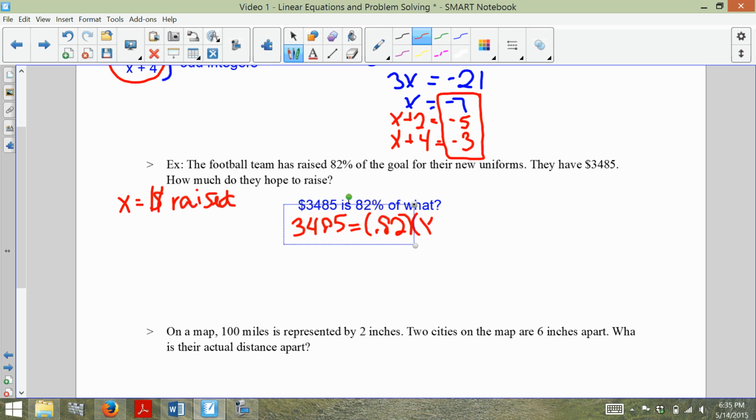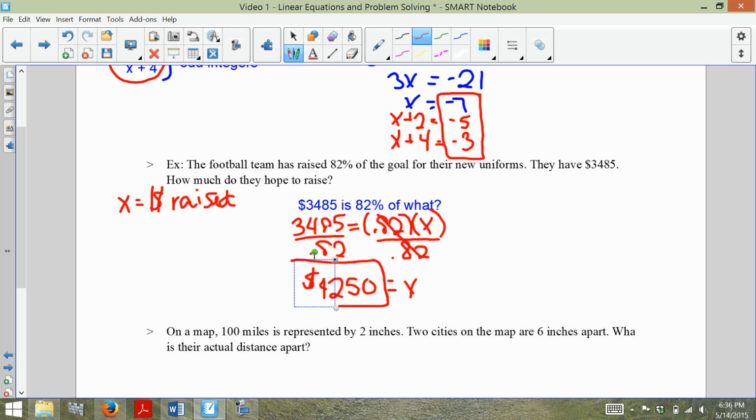Times x. That's what I'm looking for, the money raised. So to isolate my variable now, I'm going to divide by 0.82 on both sides. And once I put this into my calculator, 3,485 divided by 0.82 is going to be $4,250. Okay, that's my x. That's the amount of money I wanted to raise.